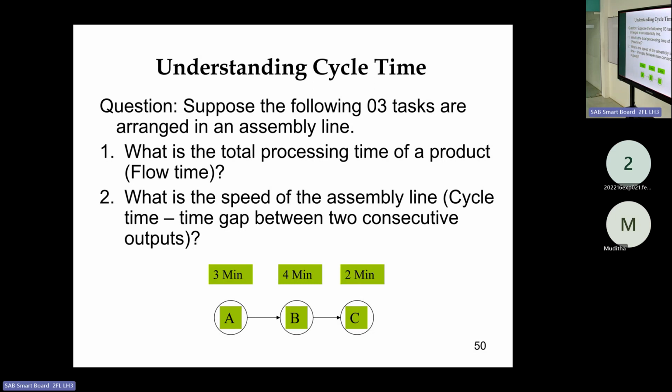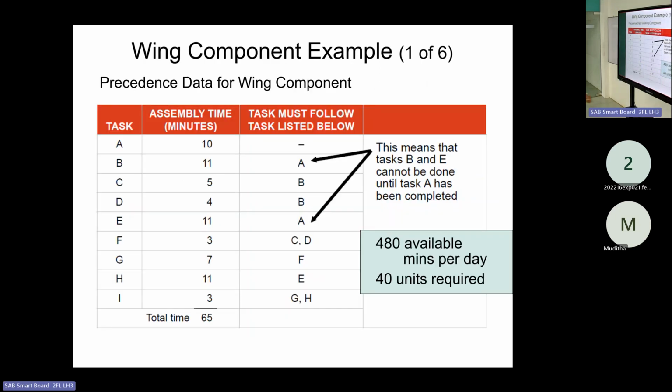Let's take one example. Now assume that you are given this information for a product assembly. We call it precedence data for a wing component of an aircraft.